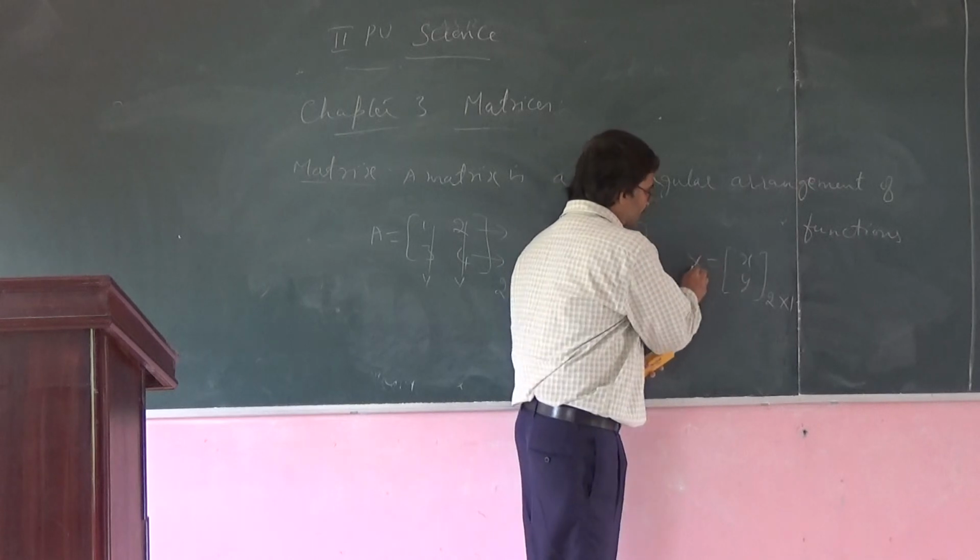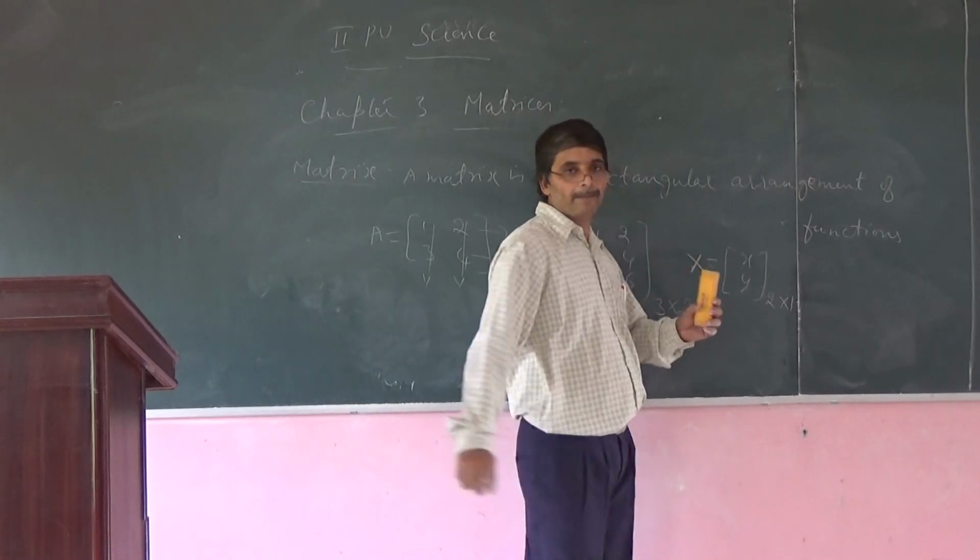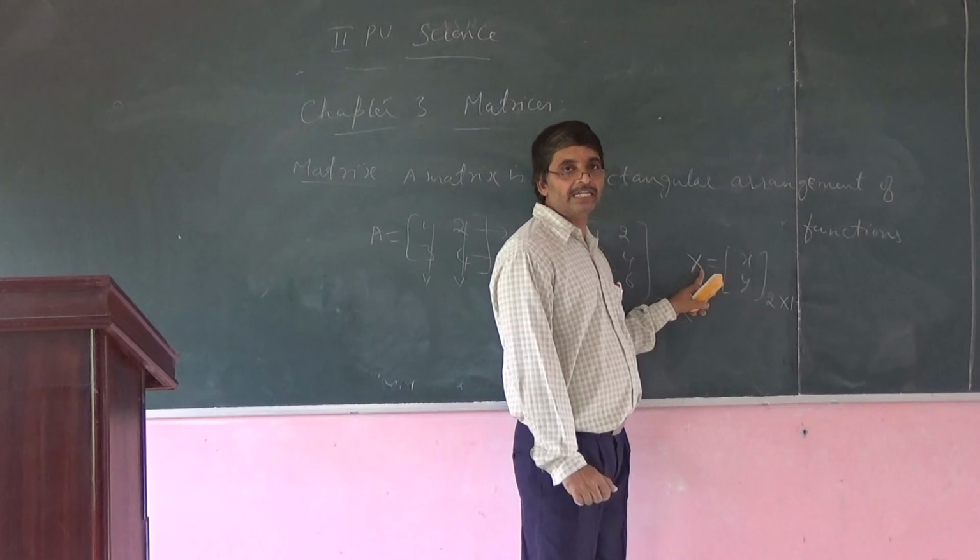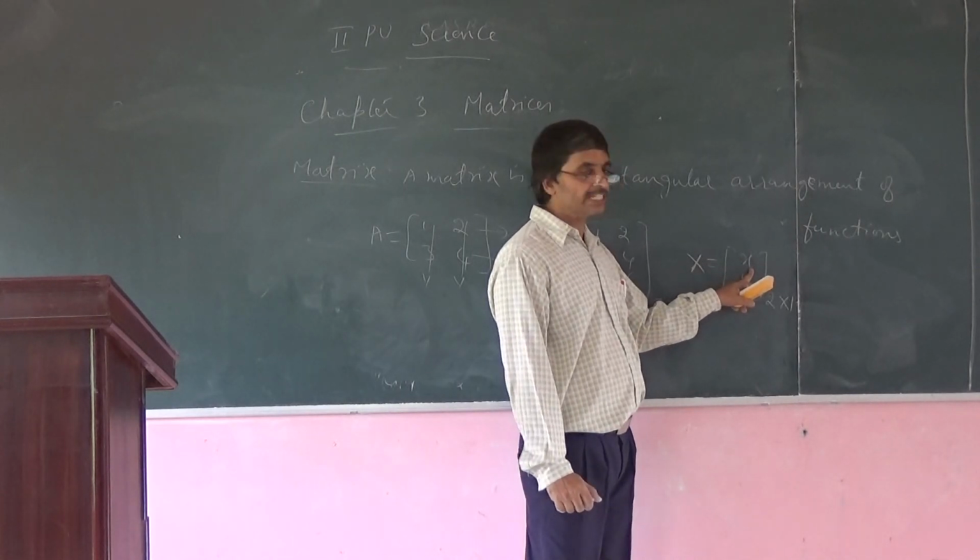So this capital X represents a matrix. What does small x represent?